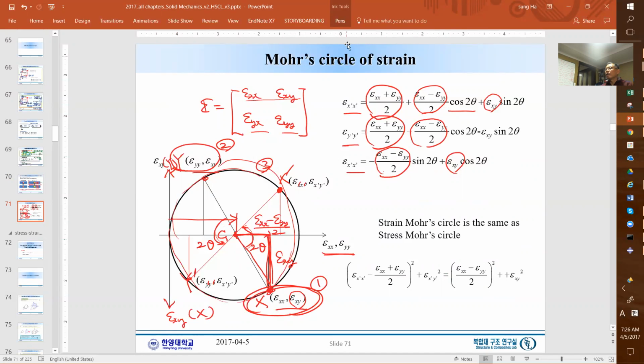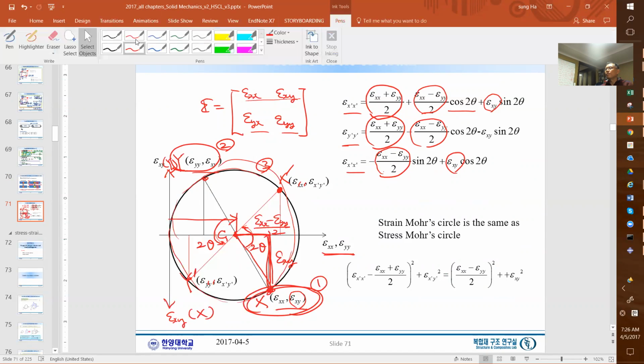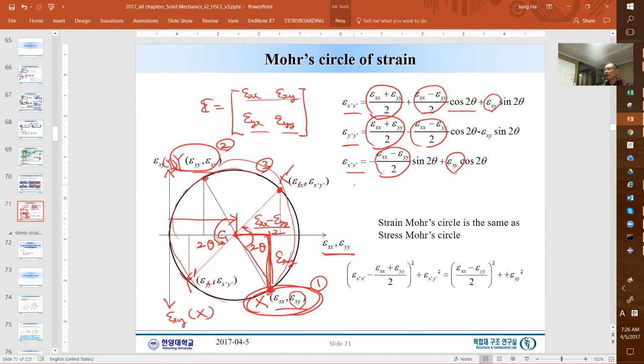Sometimes some textbooks define twice of epsilon xy as the gamma shear strain. So that is often defined like that, and certainly twice of epsilon xy prime will be gamma prime.